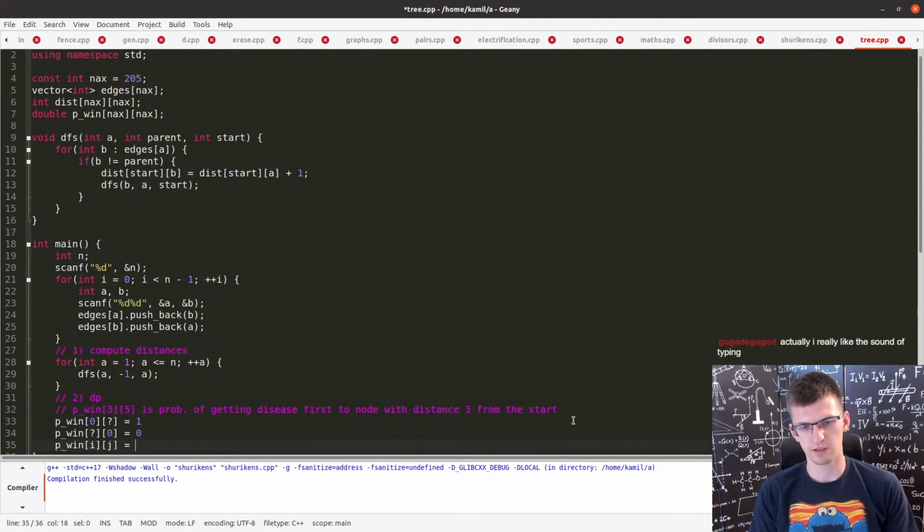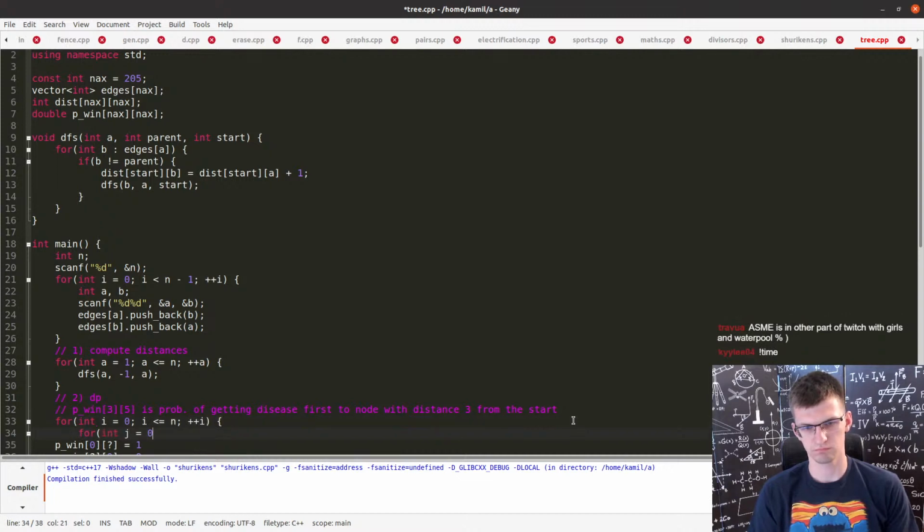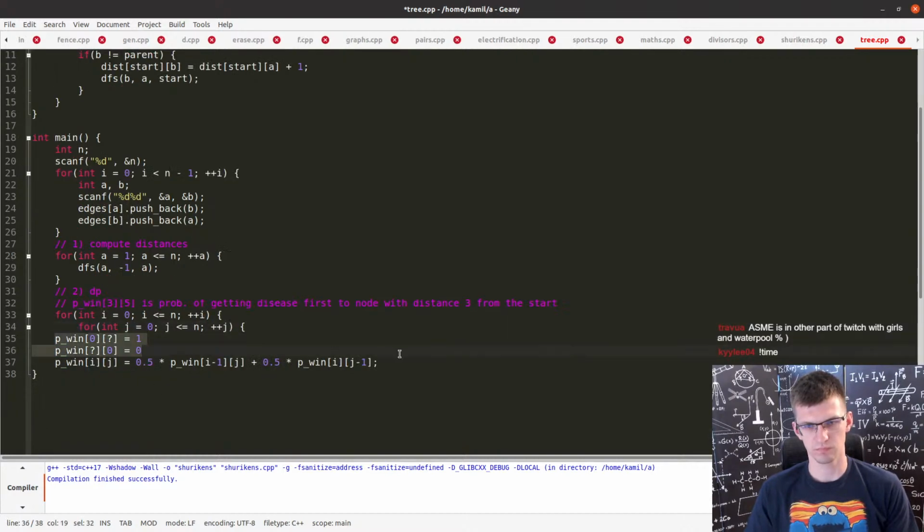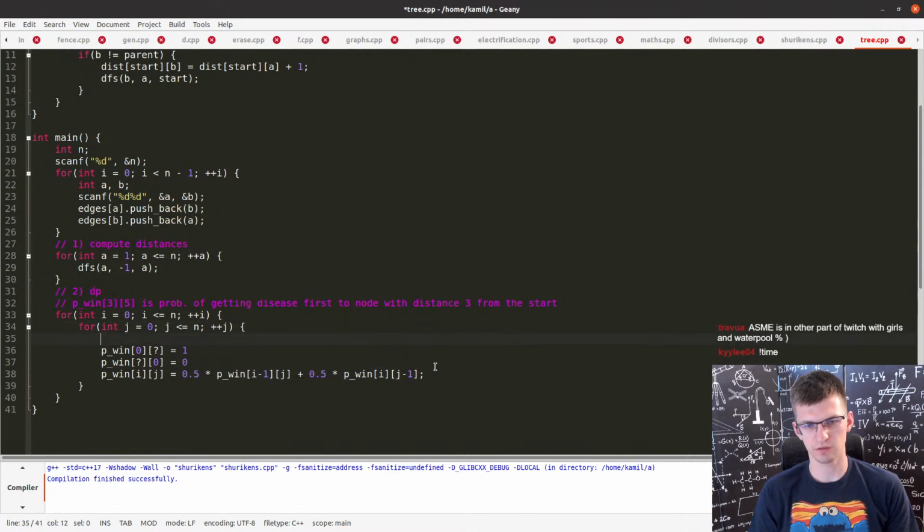P-win for any different thing, there's half probability that we will go towards i, plus half that we go towards j. I don't think that P-win of 0, 0 will ever be used.